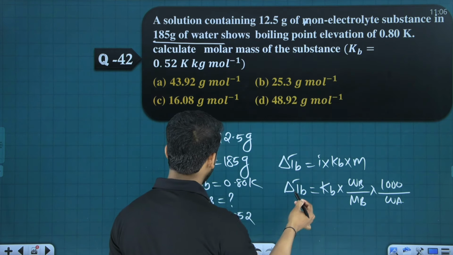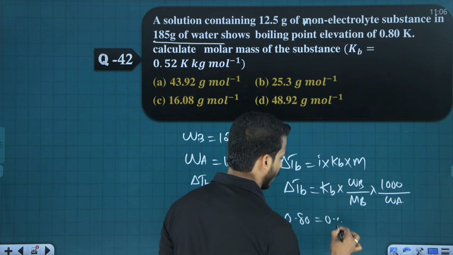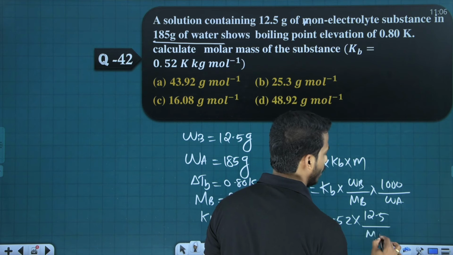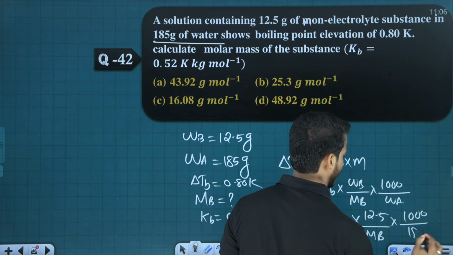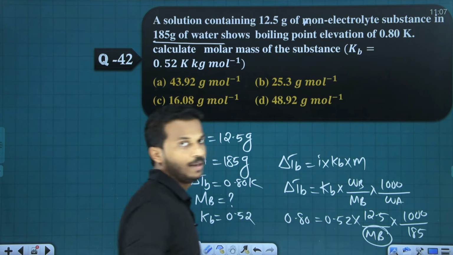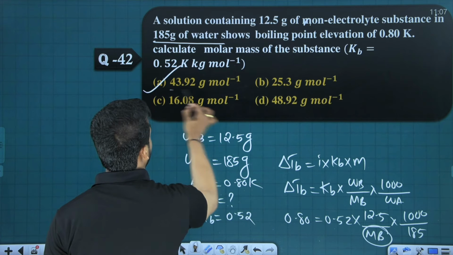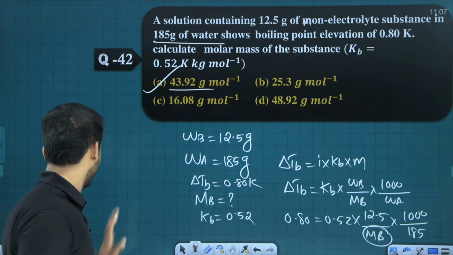Delta TB is 0.80, KB is 0.52, WB is 12.5, MB we need to calculate, and WA is 185. While simplifying, just try it, all of you. You will get 43.92 gram per mole. Please cross check it, okay? I'm just giving the method now.